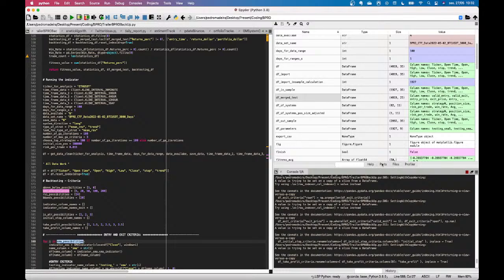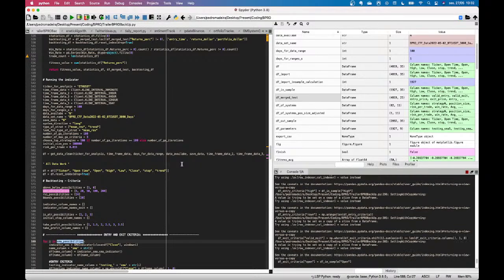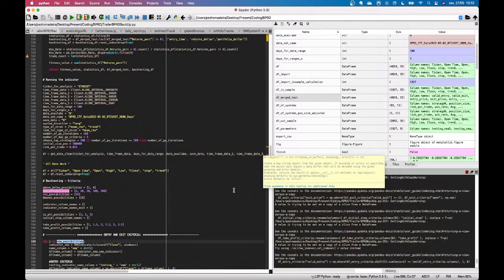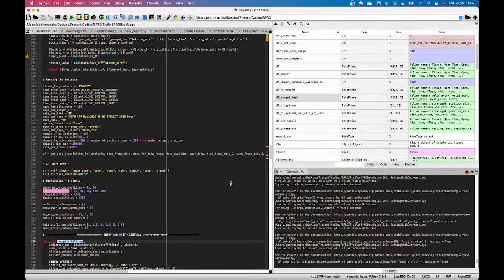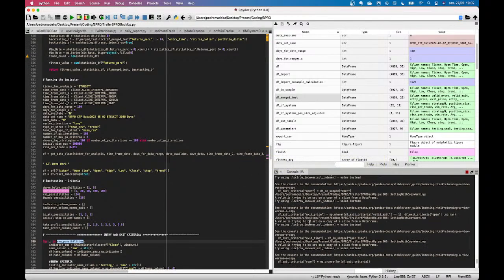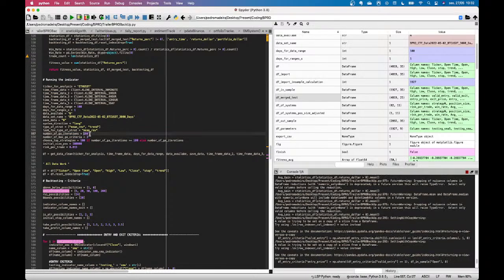Now it's just calculating here. You see this running, this is the 100 iterations that we chose. It is running 100 iterations of the code.